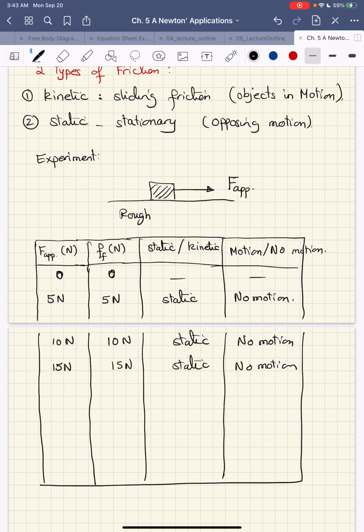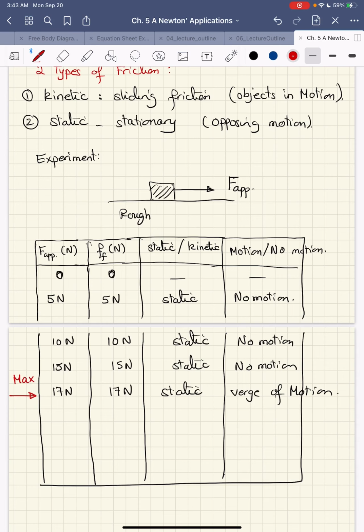Now let's assume that at 17 newtons, the object was on verge, we call it, of motion, like about to move. Here we will still talk about static, and that is 17 newtons, and we will say this is the maximum value for static friction.